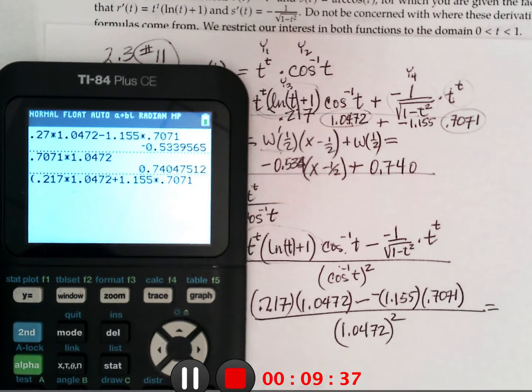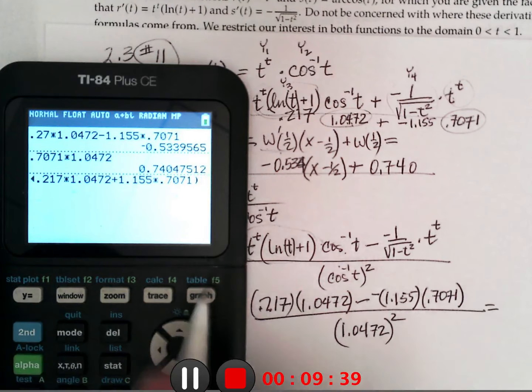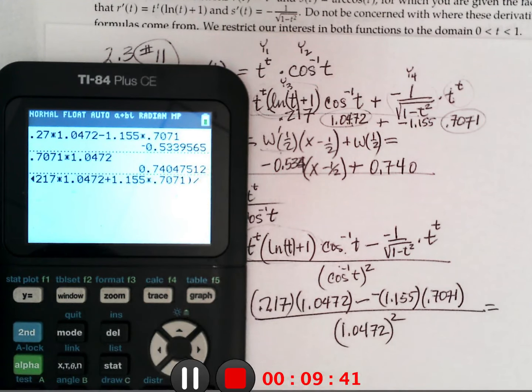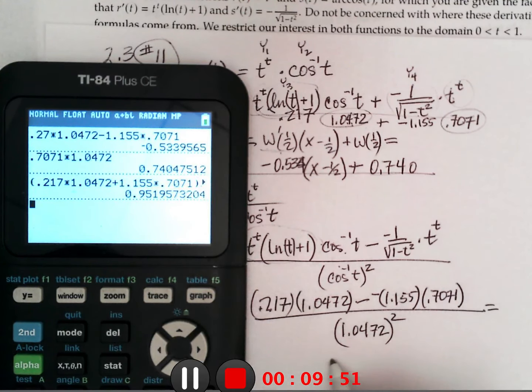That's my numerator, and I close the parentheses, divided by 1.0472 squared. And I get 0.95, which is greater than 0, so it was increasing. Okay.